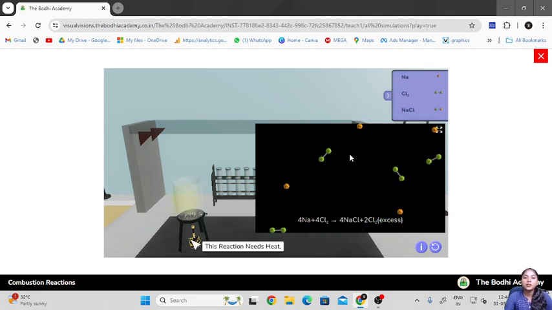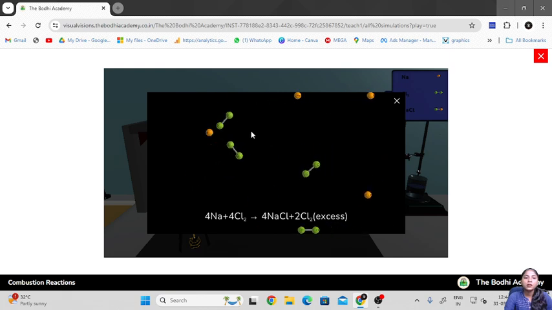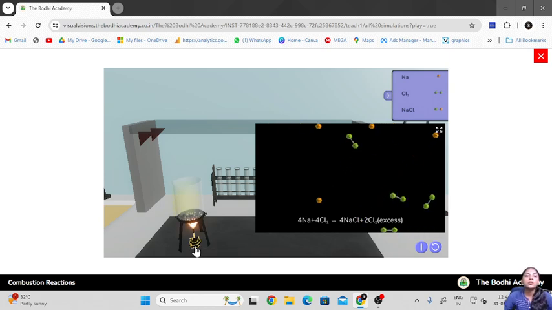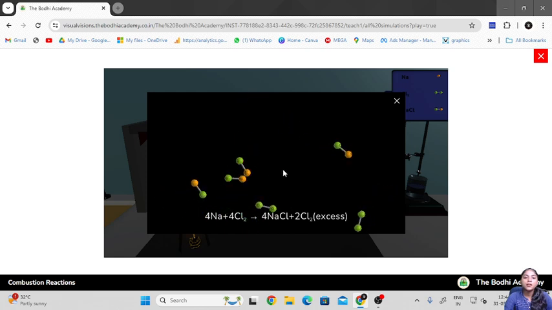Now these are our 4 moles of Na, you can see here these are the Na and these are the chlorine molecules. So they will be given some heat and they will react together to form, see here, 4 molecules of NaCl, that is sodium chloride.